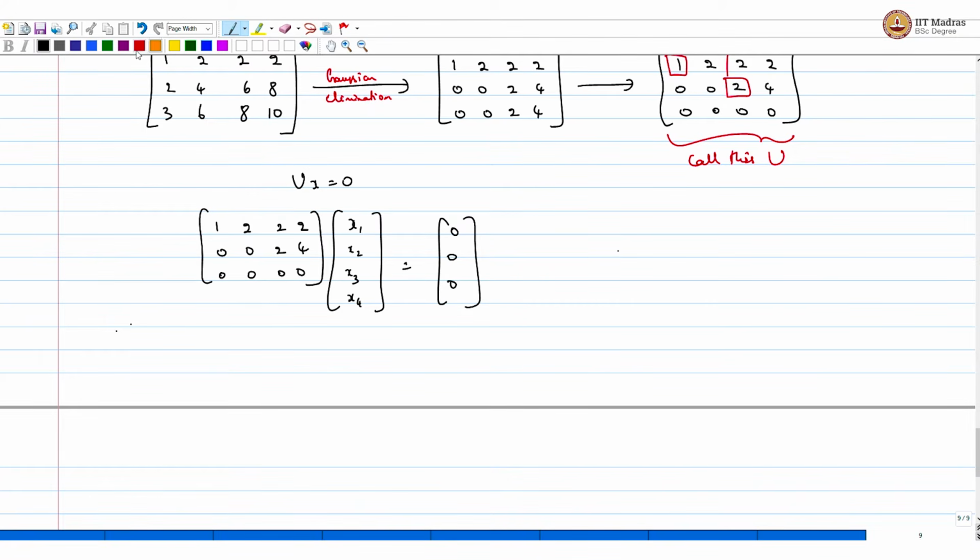So as I highlighted before, column 1 and column 3 are pivot columns, and column 2 and column 4 are the free variables.